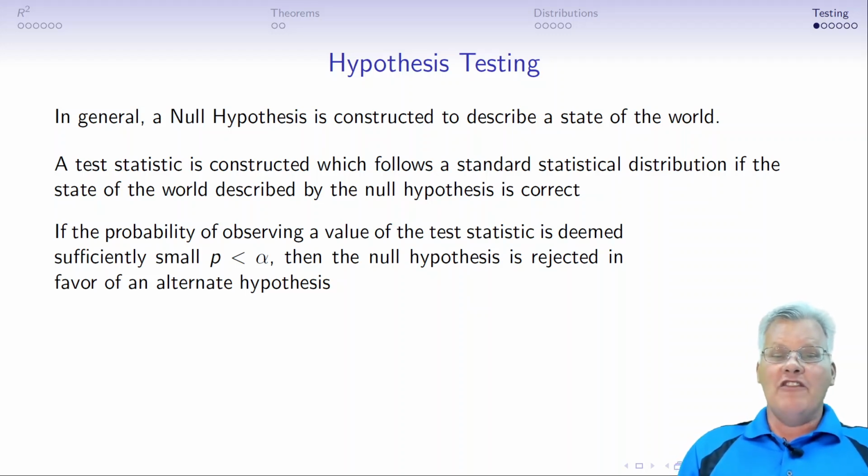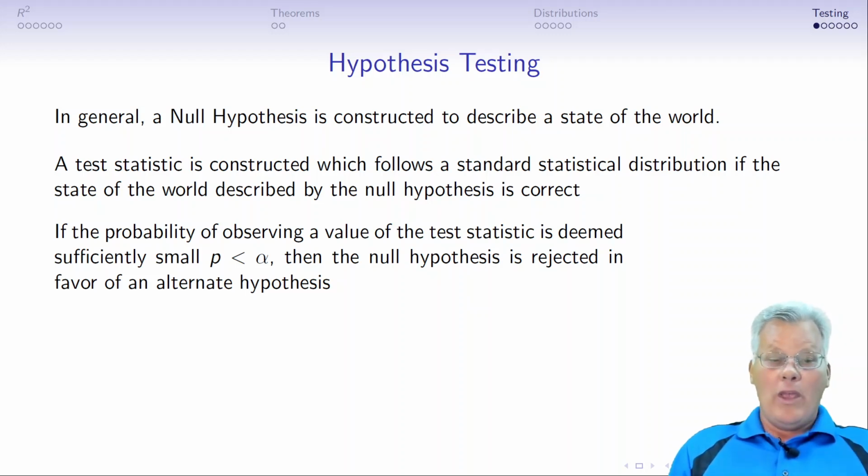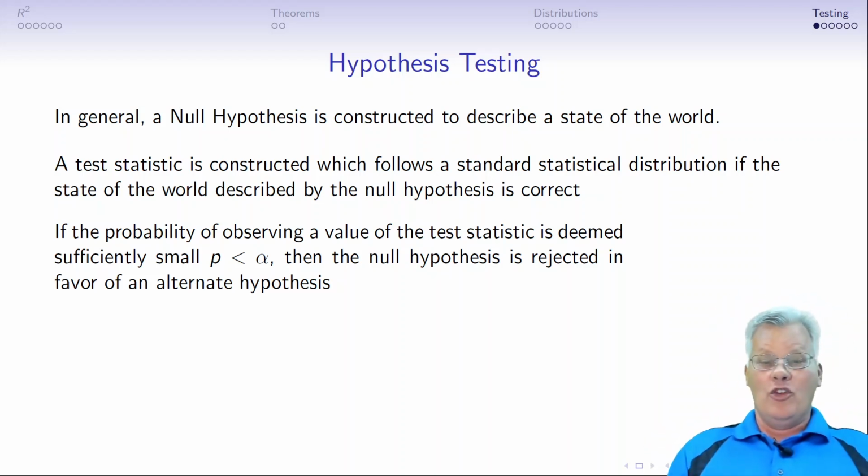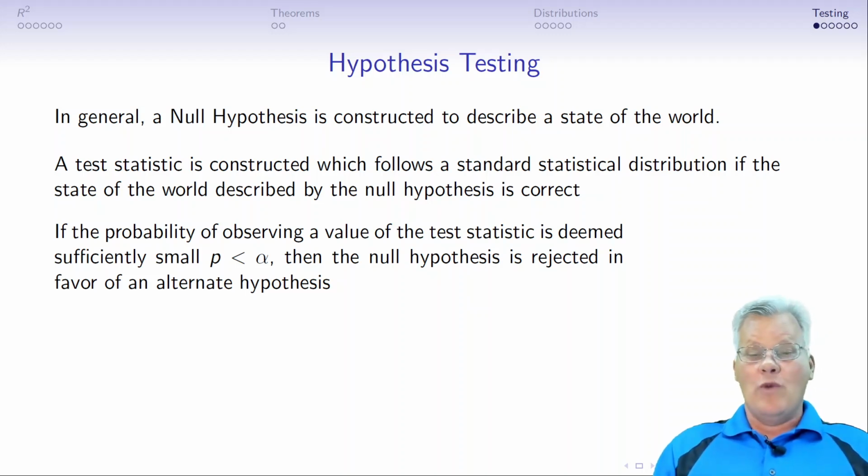If the probability of observing a value of the test statistic is deemed sufficiently small, in other words, this probability is less than some value alpha, then we say the null hypothesis is rejected in favor of the alternate hypothesis.